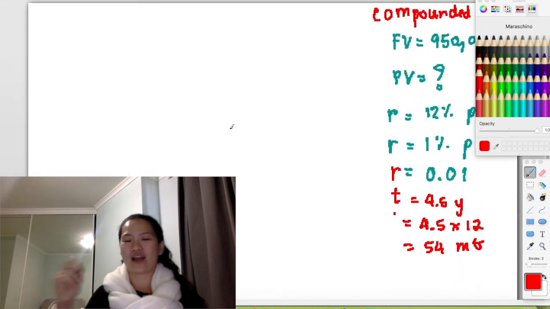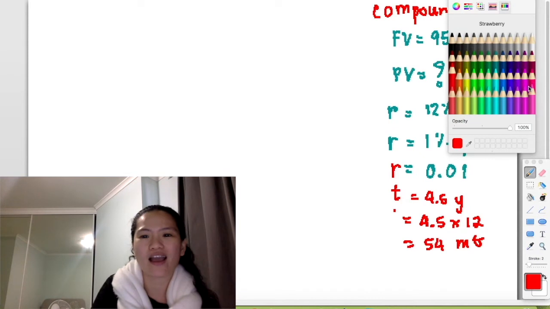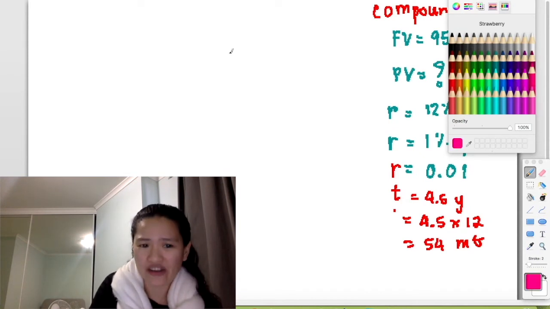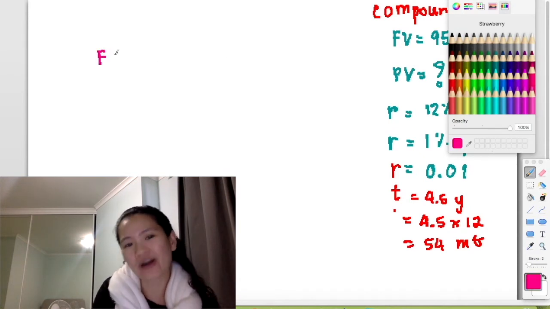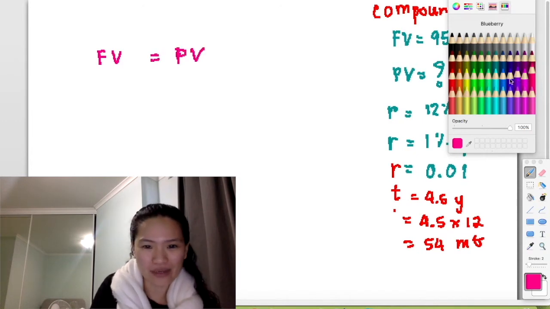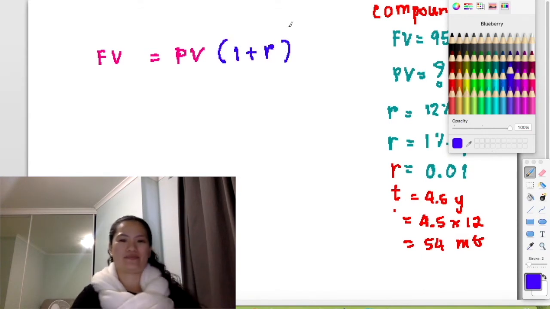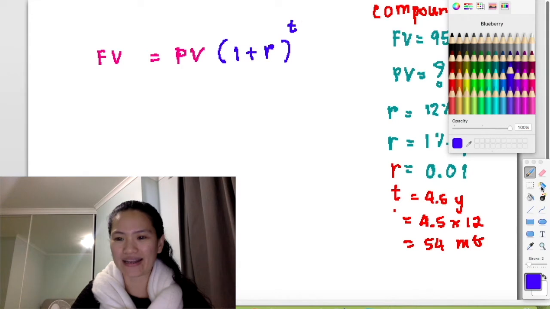Okay, look at the formula carefully. Future value equals present value multiplied by 1 plus R, to the power T. Important things that you have to know.